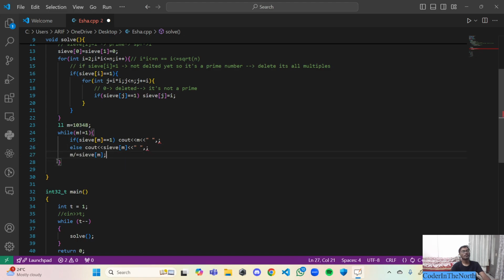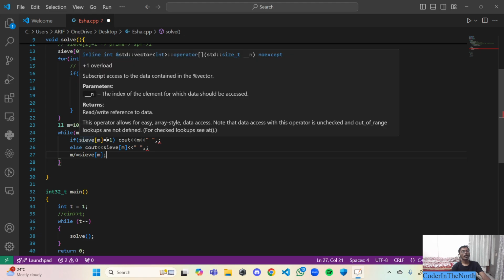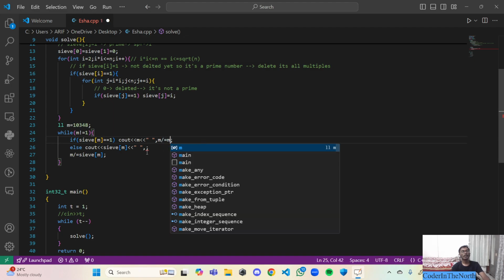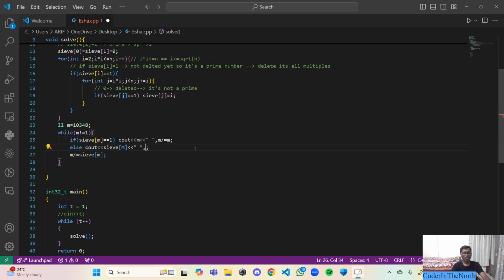So what we have to do is, when sieve of m equals 1, we do m divided by m, and in all other cases we do this thing. Now run it.